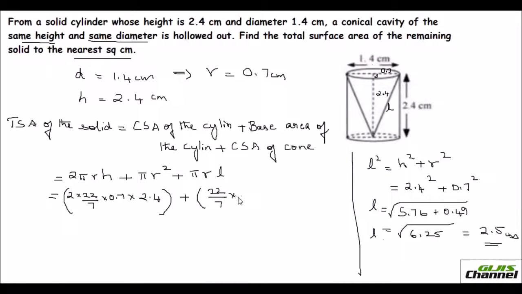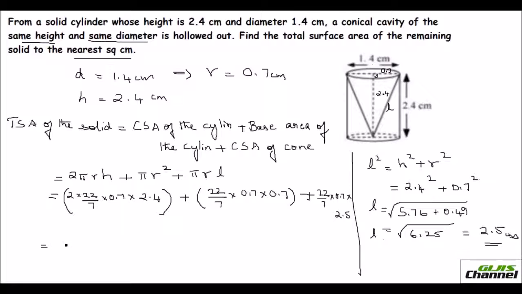This is 22 over 7 and it's R square. So that is 0.7 times 0.7. Okay. Plus you need to add the curved surface area of the cone, that is pi RL. Pi is 22 over 7 and your R is 0.7 times your L is 2.5. Okay. So just do the calculation.